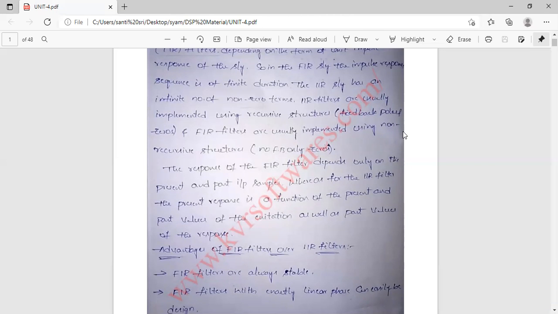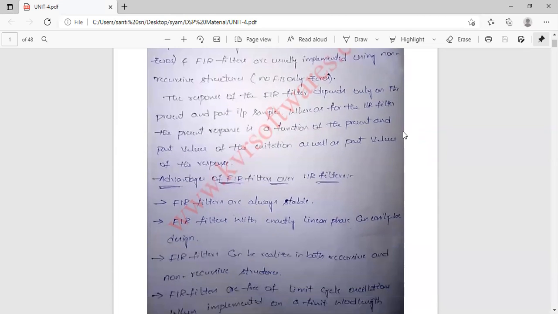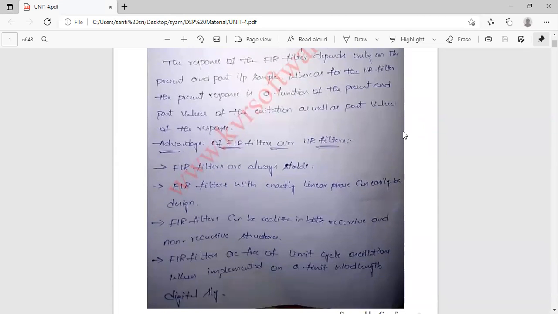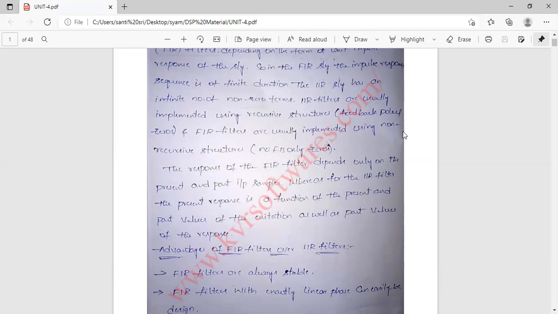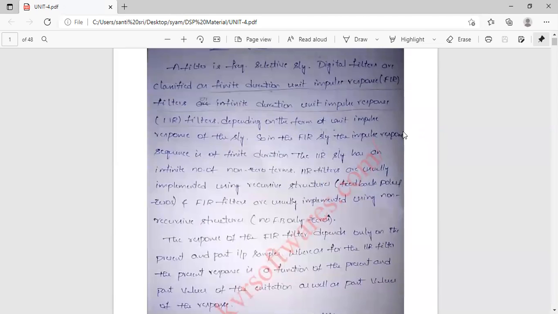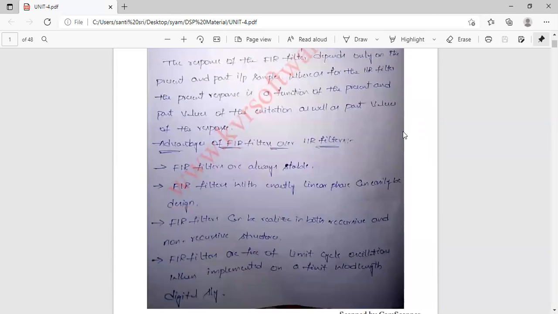Now we will see the advantages of FIR filters over IIR filters.